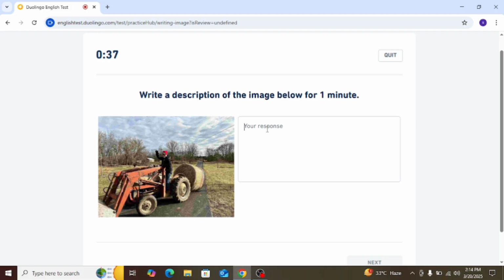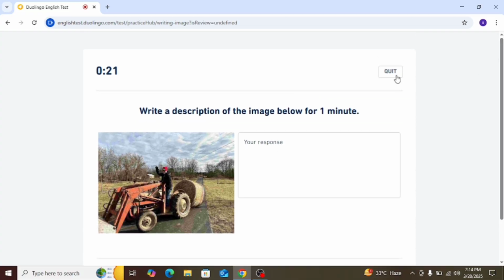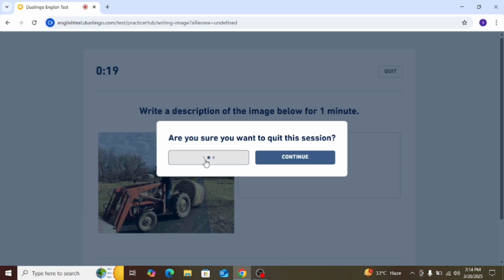In this speaking sample we have to speak, but in the writing sample we should write a description in around one minute time duration. So this is the image of people and a taxi driver, like this.